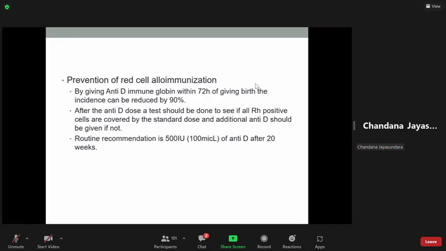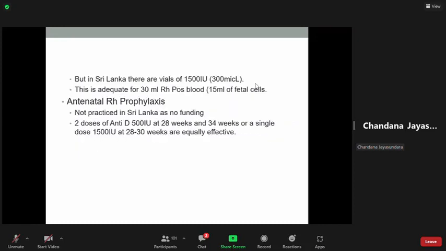So if we give anti-D antibodies within 72 hours of giving birth, the anti-D antibodies will bind to whatever mixed fetal blood cells are there and destroy them. If we can destroy these fetal blood cells before they sensitize the woman, then we can avert the problems that can happen in future pregnancies.